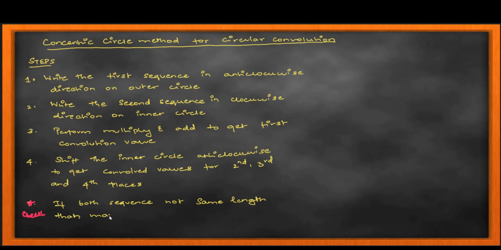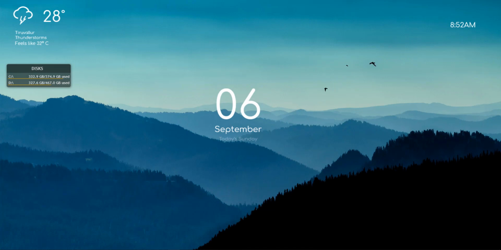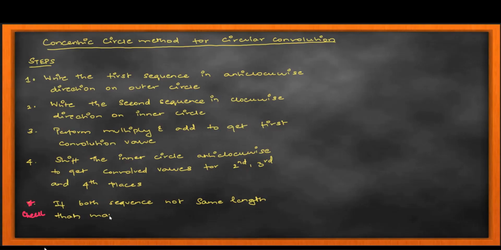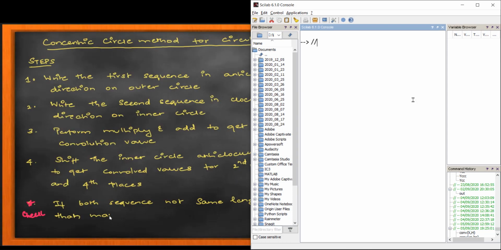So let us say I have a signal 1 2 and that is periodic. That signal is going to repeat itself again and again. Let me write it and show it to you in my Scilab. So I have a periodic signal 1 2.